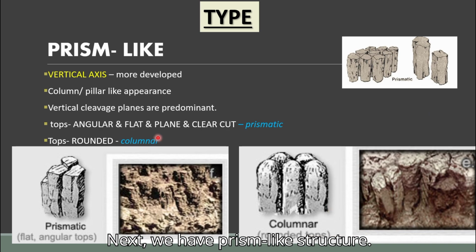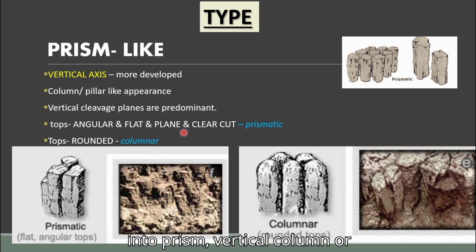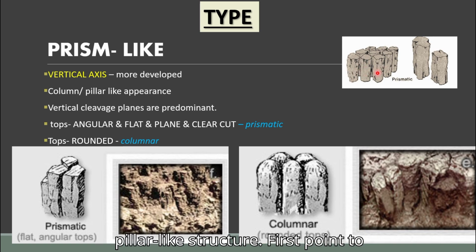Next, we have prism-like structure. Here the soil particles are arranged into prisms, a vertical column or like a pillar. Look at this picture. Here some vertical cracks are also there. If cracks are formed, they will be vertical because of the prism-like or pillar-like structure. The first point to study here is that its vertical axis is more developed than the horizontal axis.